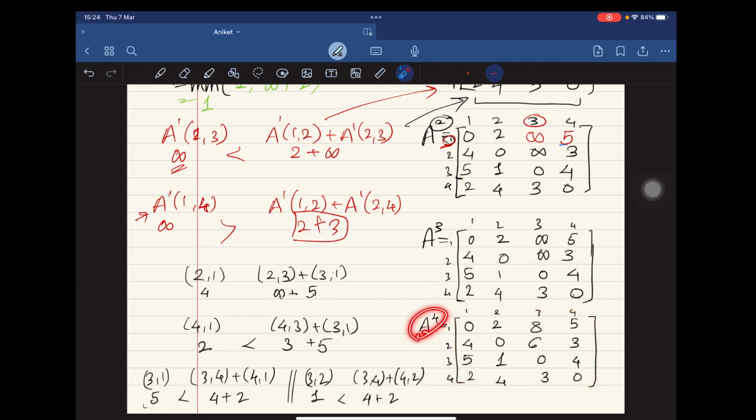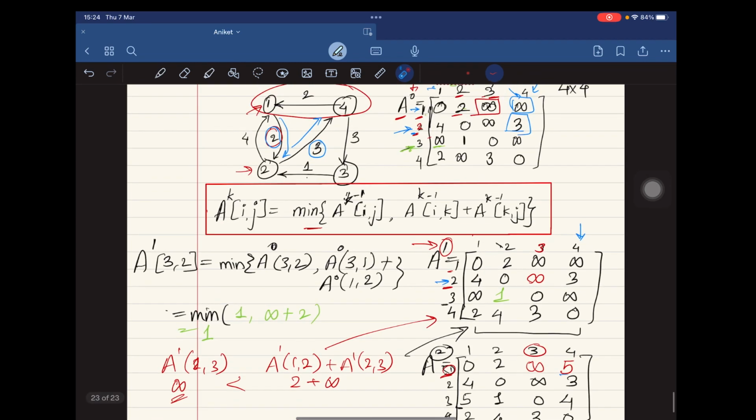The meaning of this matrix is that we have calculated the distance from each of the nodes using the previous matrix, the smallest matrix, and we can understand that going from 2 to 3, it's 6. That's the minimum cost required to go from 2 to 3 in this given weighted graph, right?